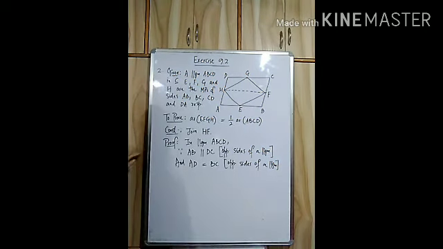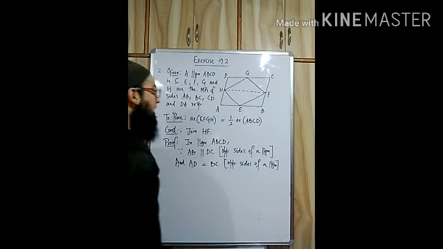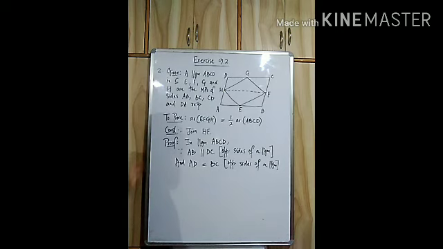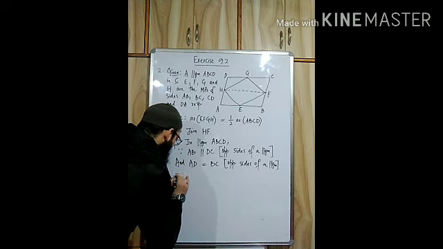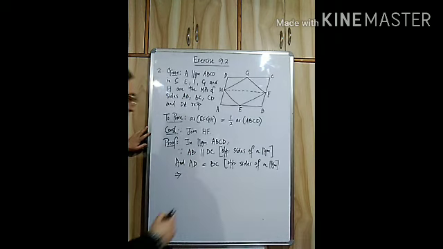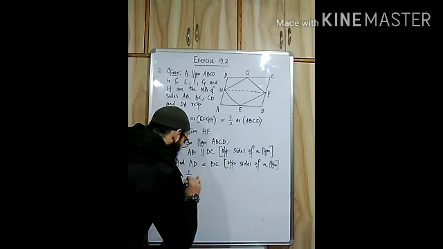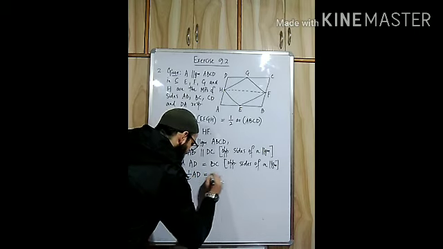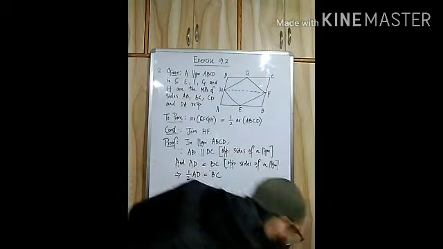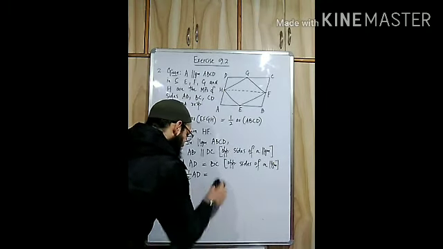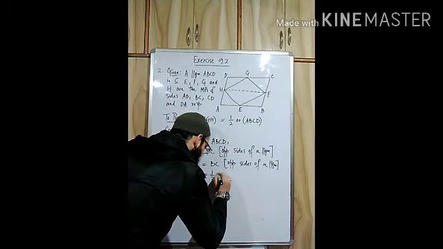Which implies that half of AD is equal to half of BC.